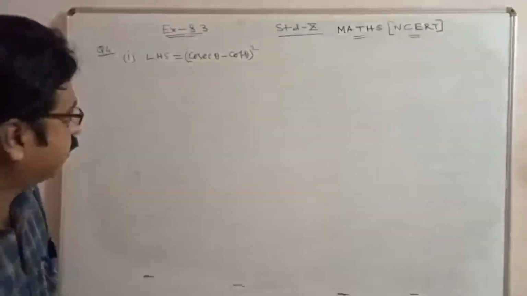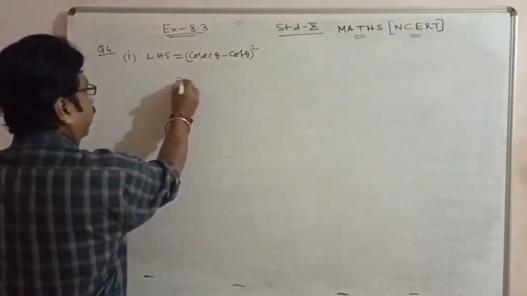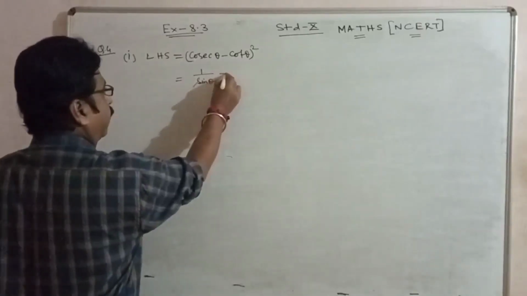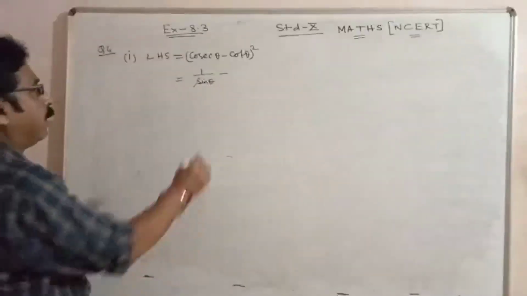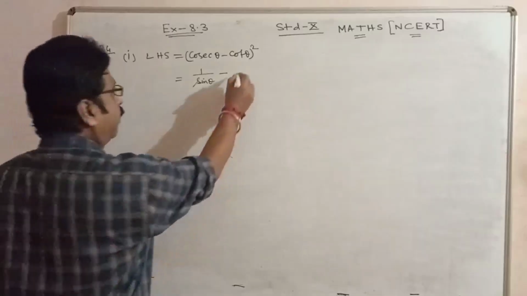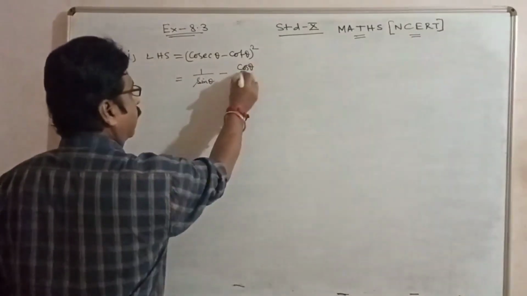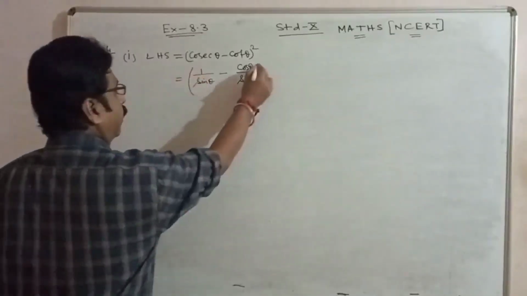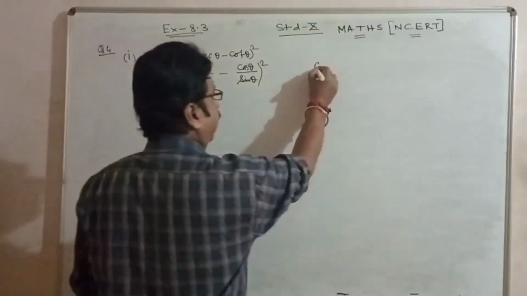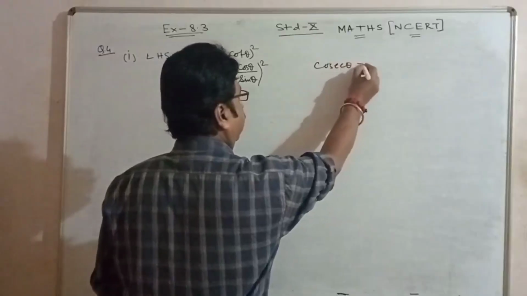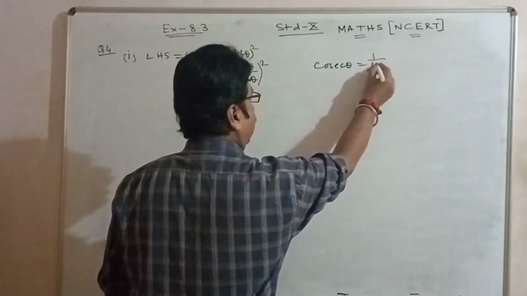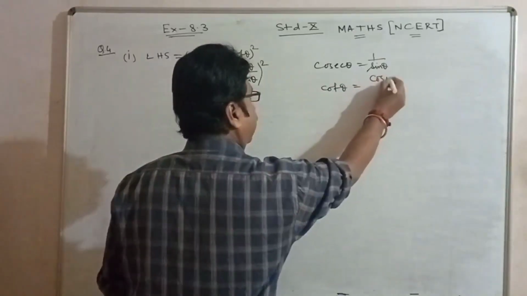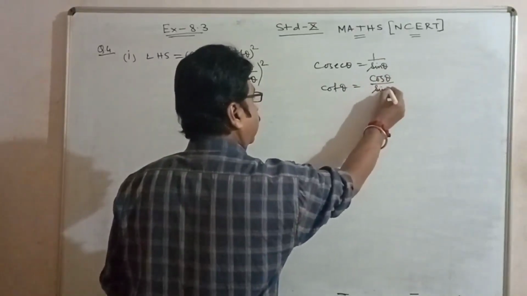Let us simplify this first. Cosec theta means 1 upon sin theta, and cot theta is cos theta upon sin theta, whole square.